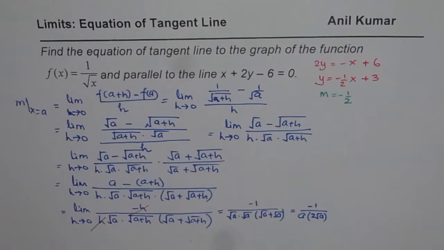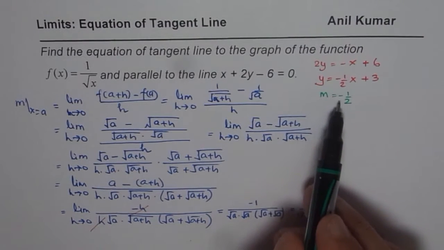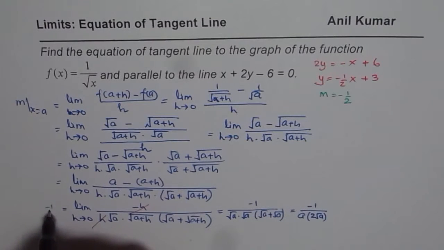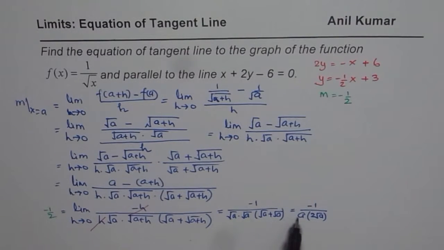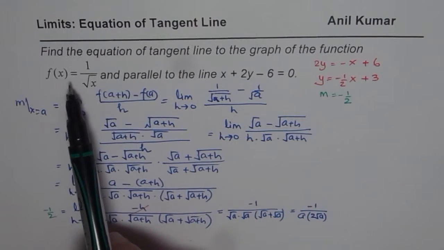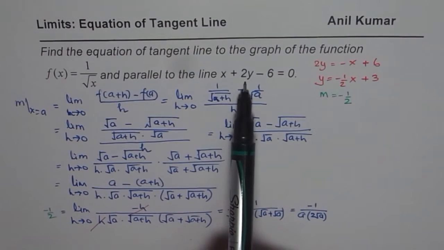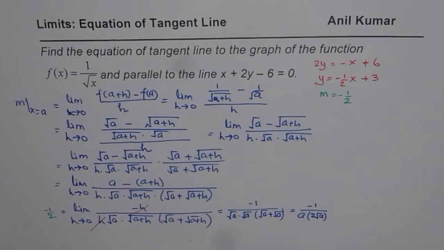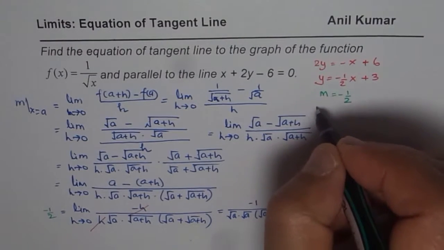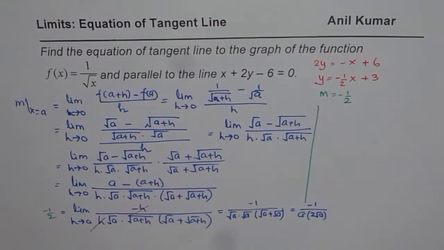What do we need? We need a slope of minus half. So if I equate this to minus half, I can find the value of a. We are interested in a point on this graph where the tangent line has the same slope as this line, which is minus half, correct? So let me simplify it further.